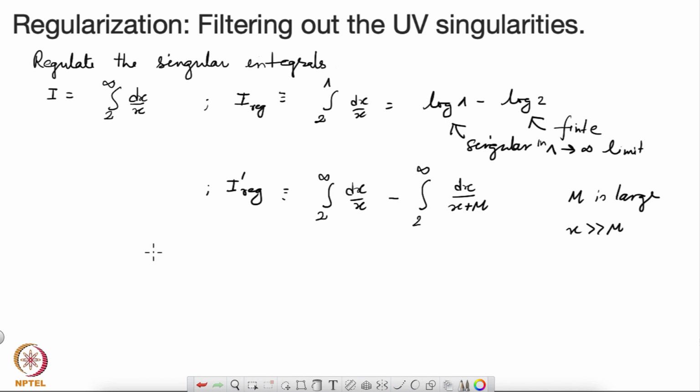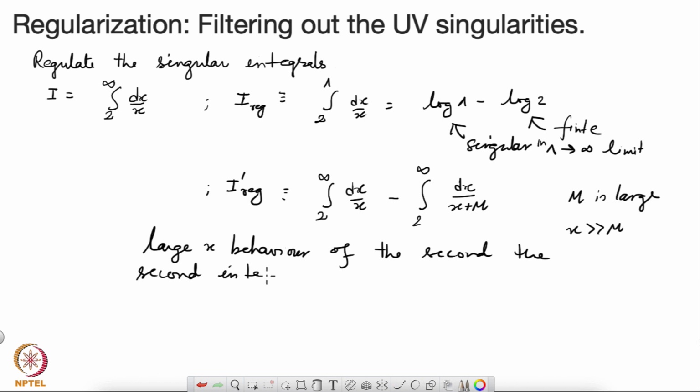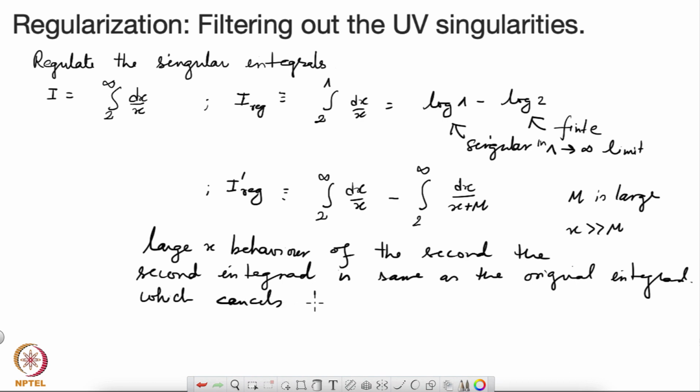You understand? So the large x behavior of the second term integrand is the same as the original integrand, which cancels the singularity arising from x going to infinity.